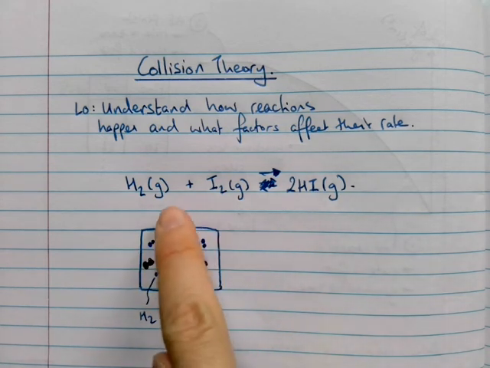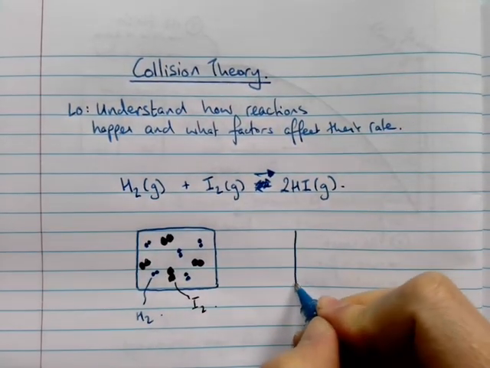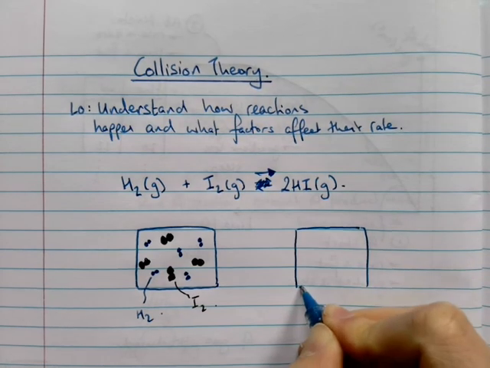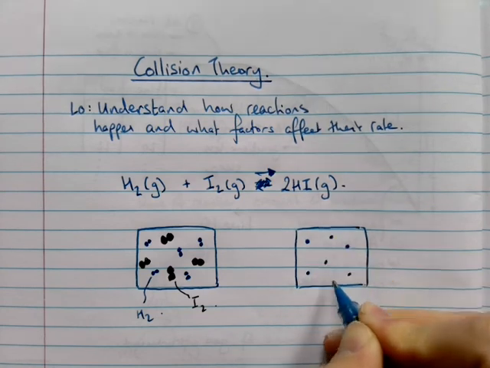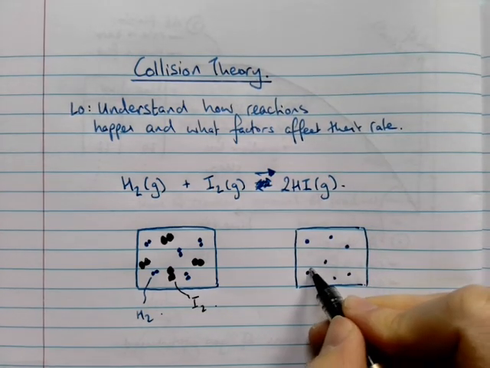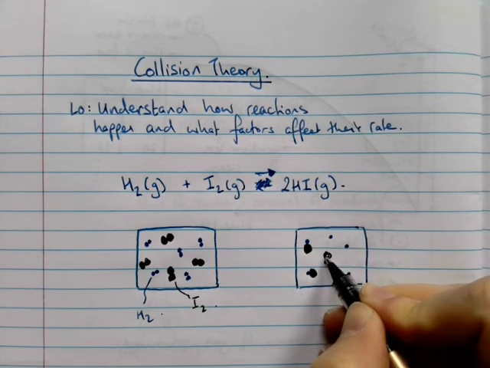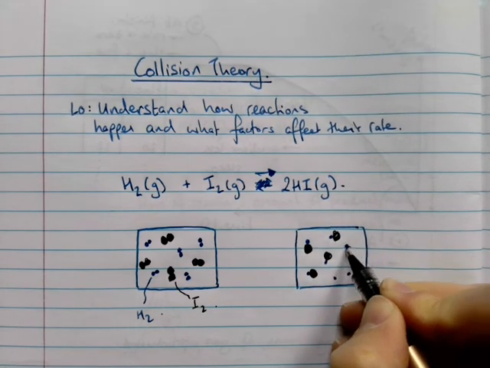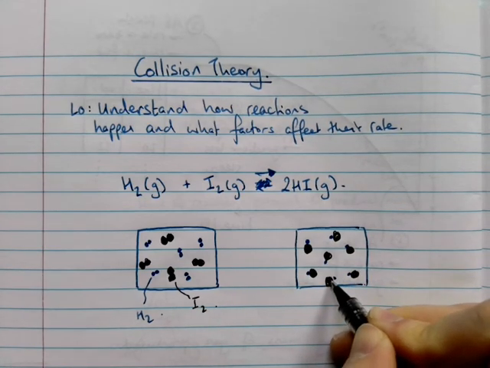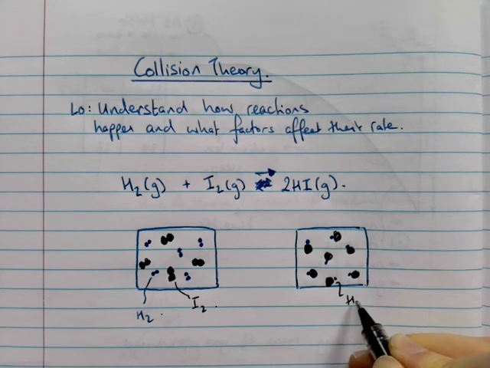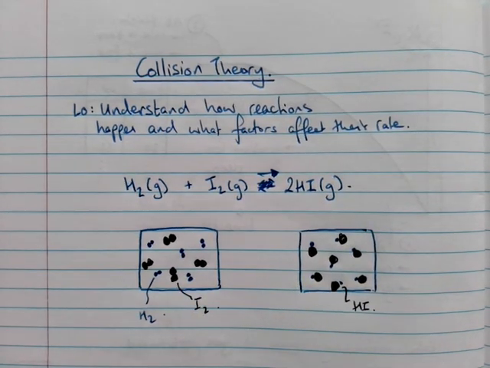All right. So how do they end up as this in my products box over here? How do I end up with a box full of this HI? All right, so you see the atoms have rearranged themselves, and now what I've got is, it's not to scale, and there's not the right numbers of each one, but don't worry too much about that.